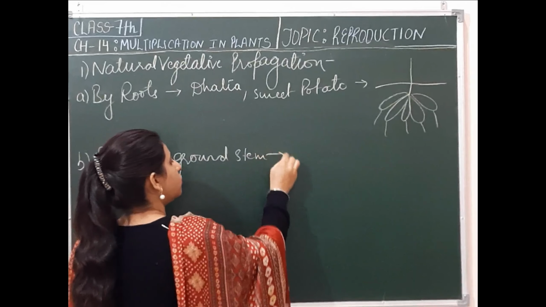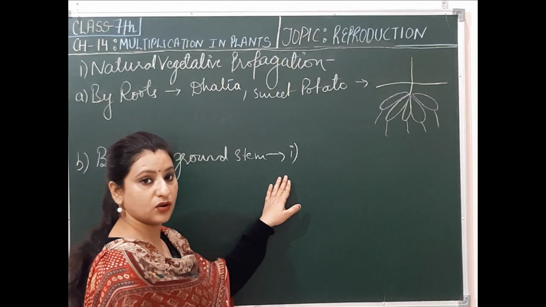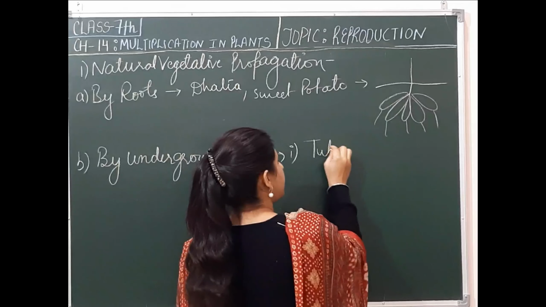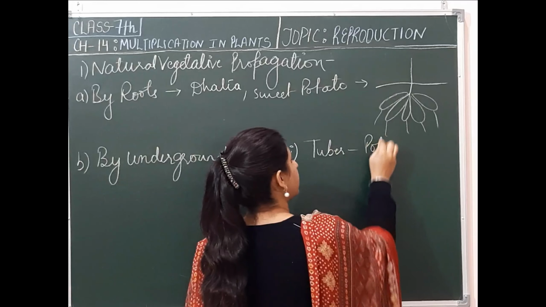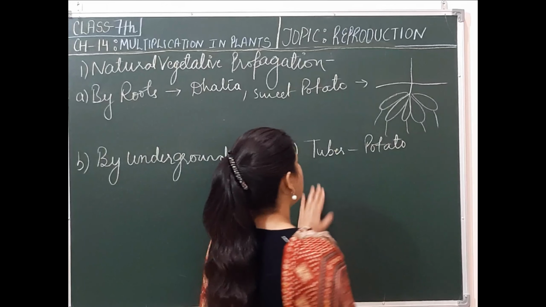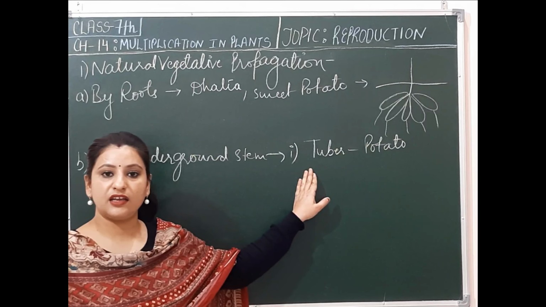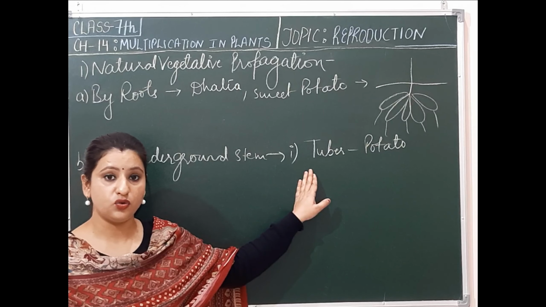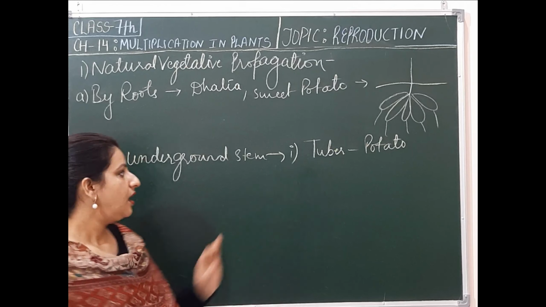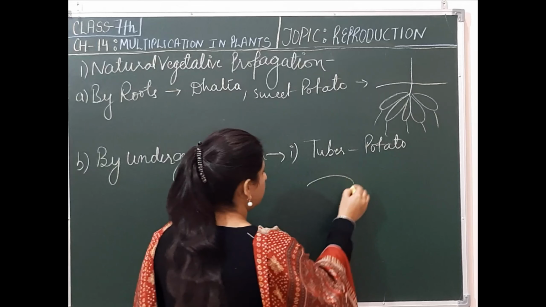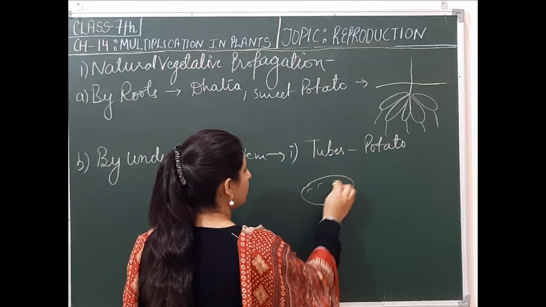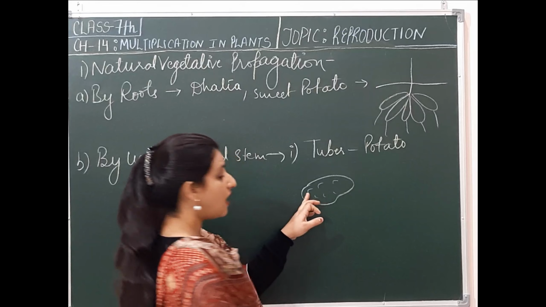Second is by underground stem. In case of underground stem, first we are going to discuss the tuber, and the best example for the tuber is potato. You have seen many times practically that if the potato is left outside unused for many days, then the potato has got such type of scars on it.